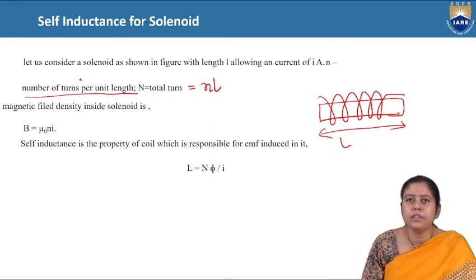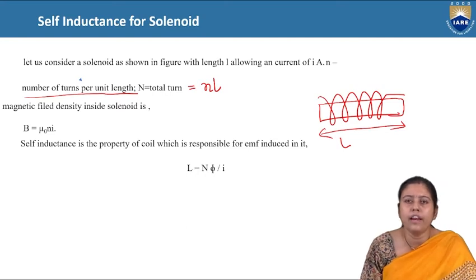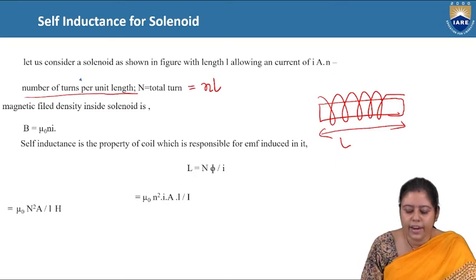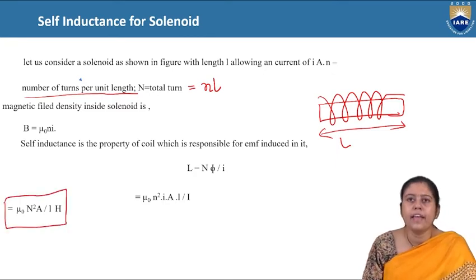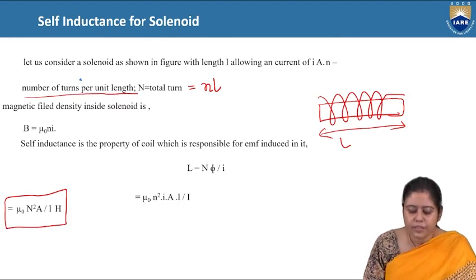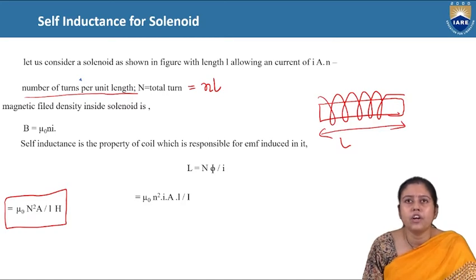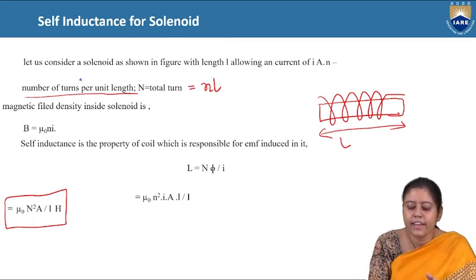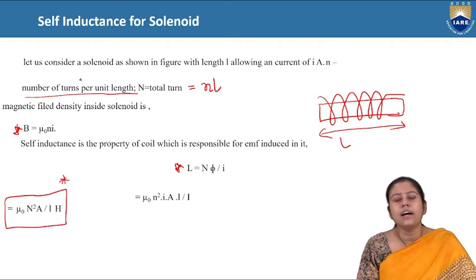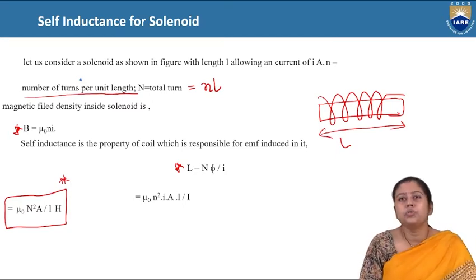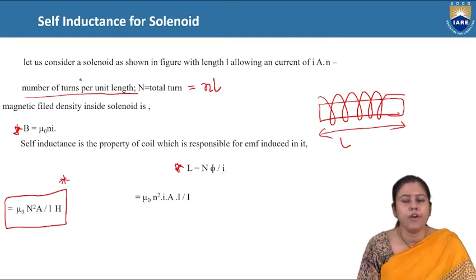Next, self-inductance: we know L is equal to N phi by I. And if we put the value, we get L is equal to mu n square A l, the basic equation of self-inductance. Here the important formulas are 1, 2 and 3, which we need later for solving problems.